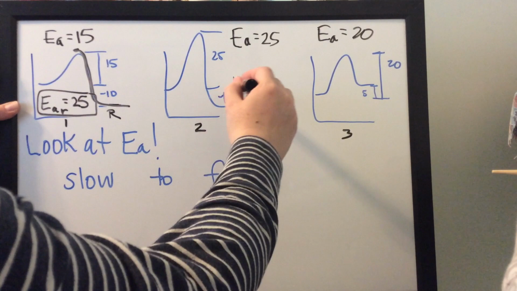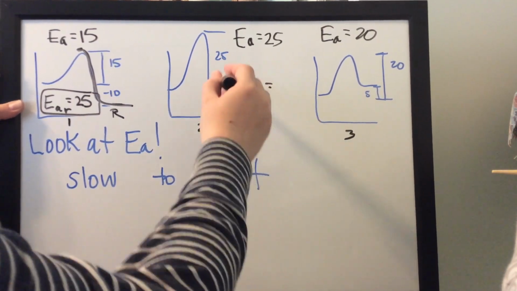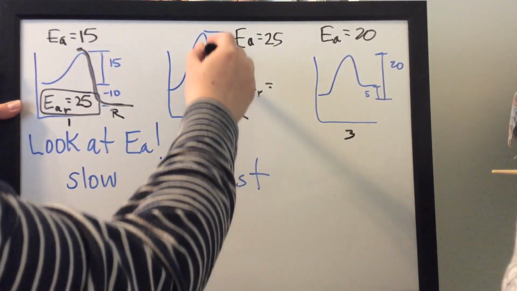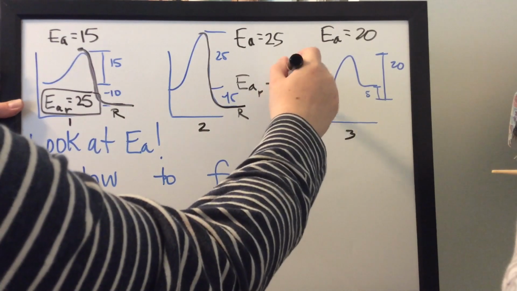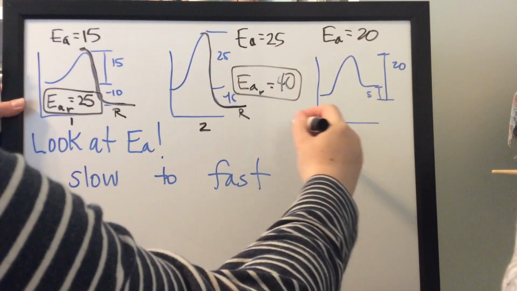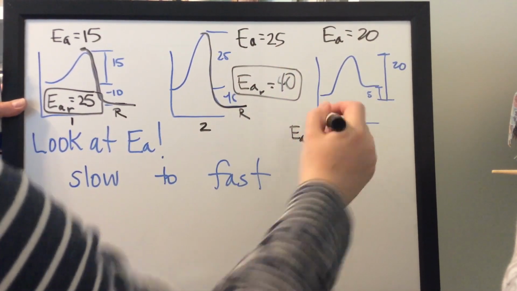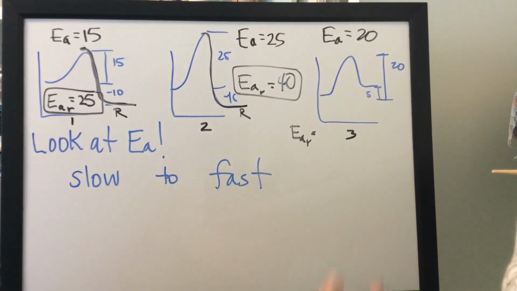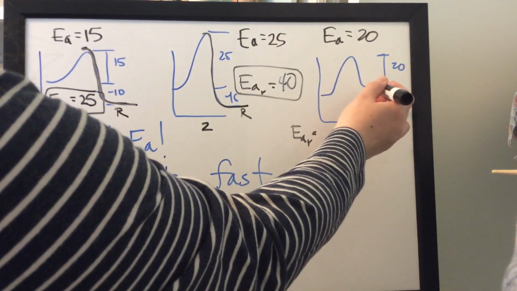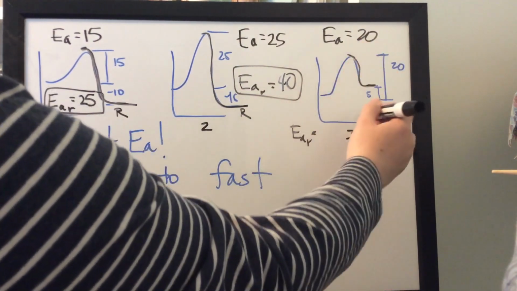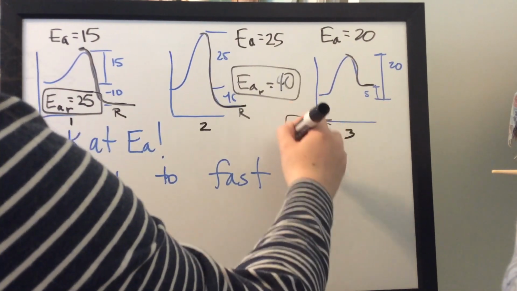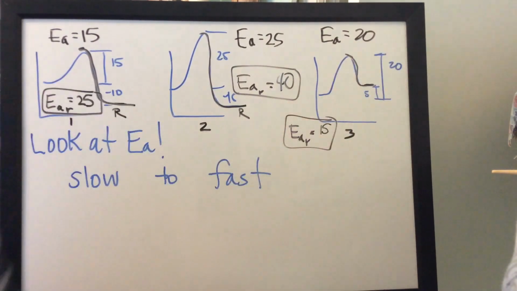So for this reaction, EA of the reverse is 25 and 15. Woo! That's a huge hill. 40. And in this reaction, this is what I was thinking before, EA of the reverse is now only from here to here, which is 15, since this is 5 and the whole thing is 20.